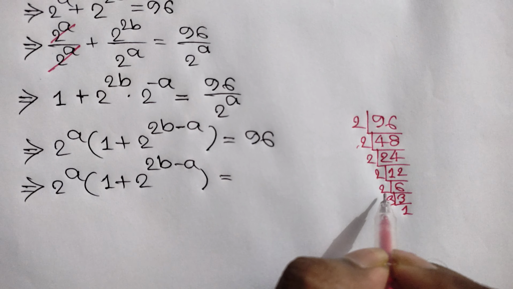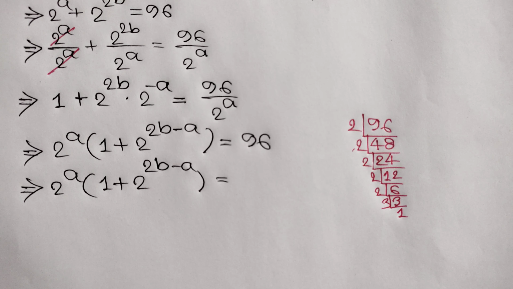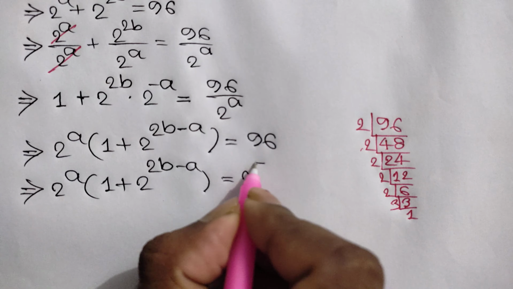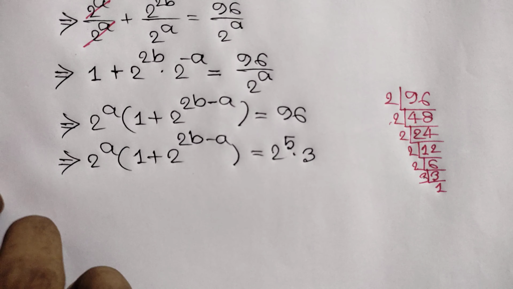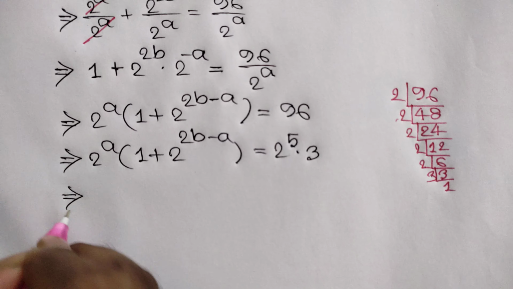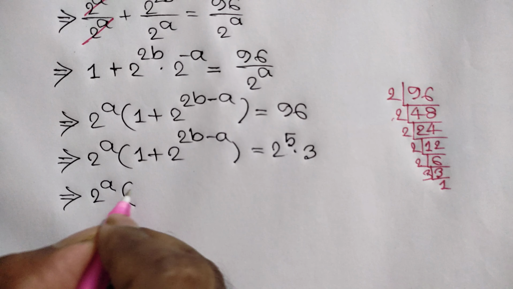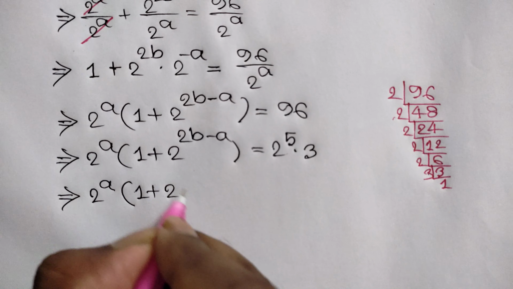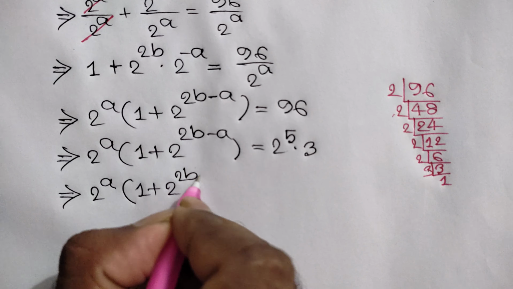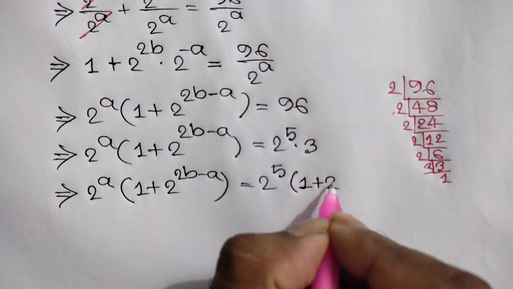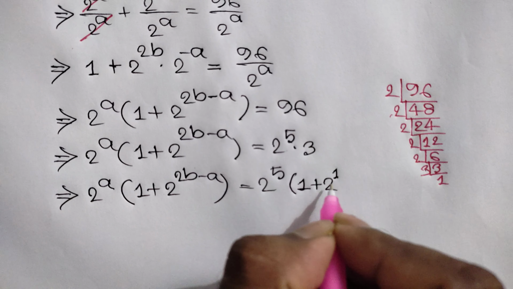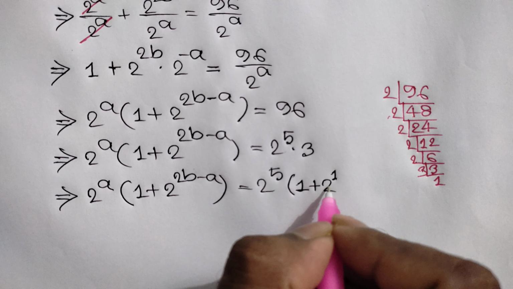One, two, three, four, five 2s, so we can write here 2 to the power 5 times 3. Or 2 to the power a times 1 plus 2 to the power 2b minus a is equal to 2 to the power 5 times, now this 3 can be written as 1 plus 2. Now here we can write 2 to the power 1, because 2 to the power 1 is the same as 2.